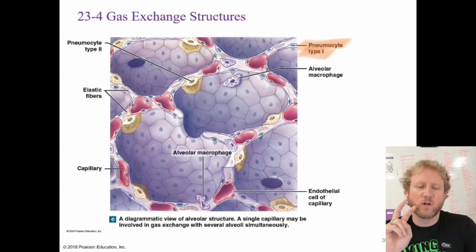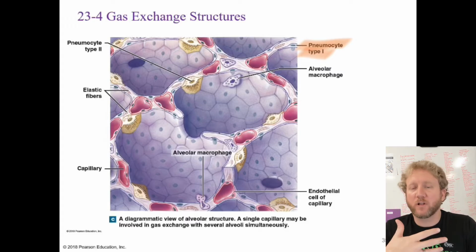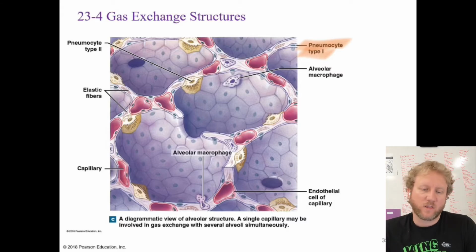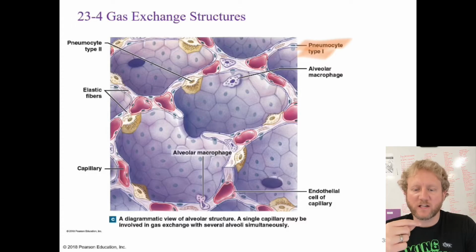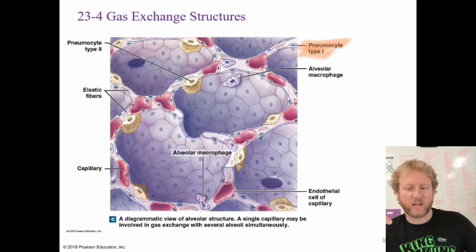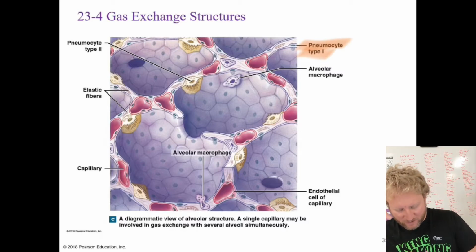Now there's two pneumocytes. Pneumo refers to lungs, and cyte is cell, so you could think of these as lung cells. The pneumocyte type 1 is where the actual gas exchange takes place between the blood in the capillaries, which you can see as these big red blobs right here, and the alveolar space.